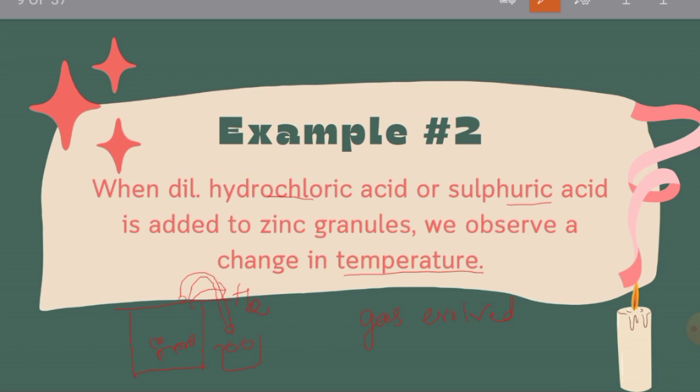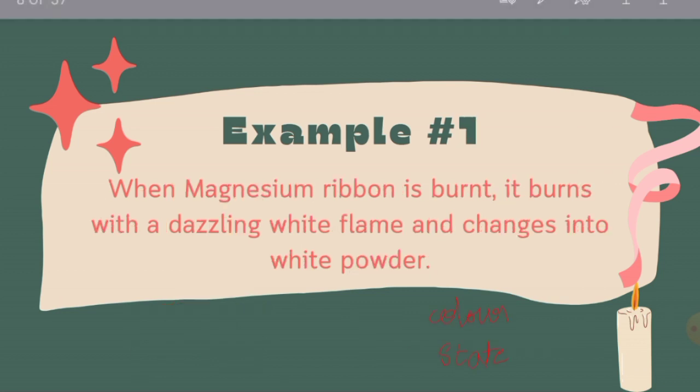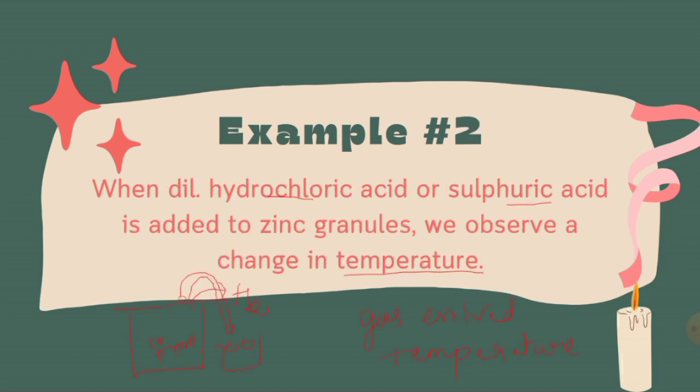So we are able to say that gas is evolved and there is a temperature change. When a chemical reaction has taken place, we are able to see a total of 4 things. In the first example, color has changed and state has changed, and in the second example, gas has evolved and temperature has changed.